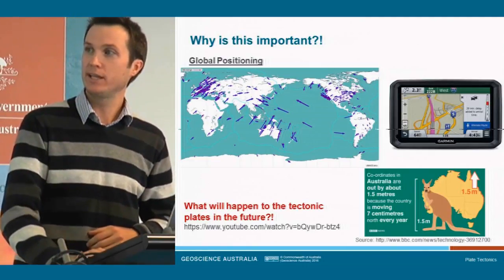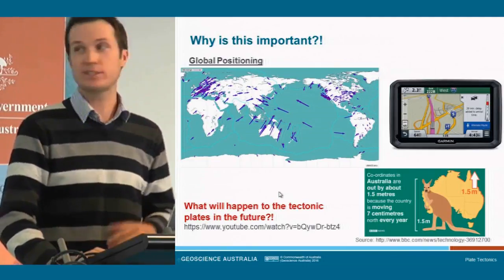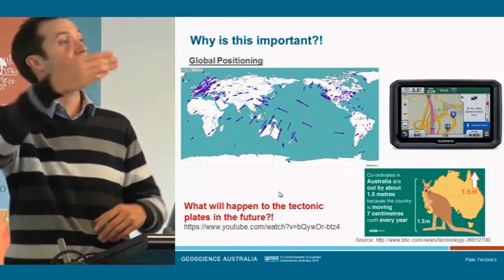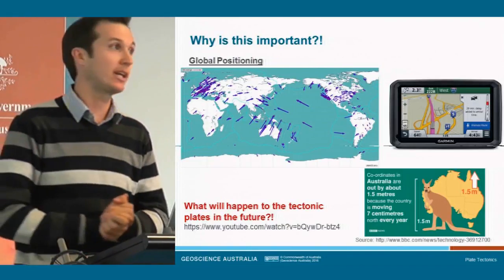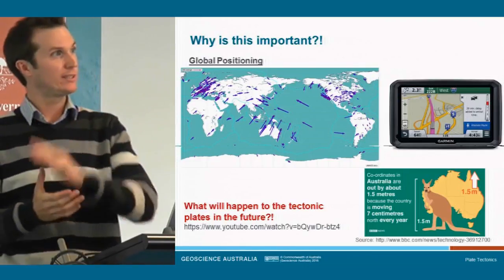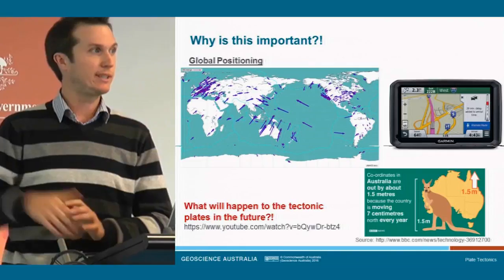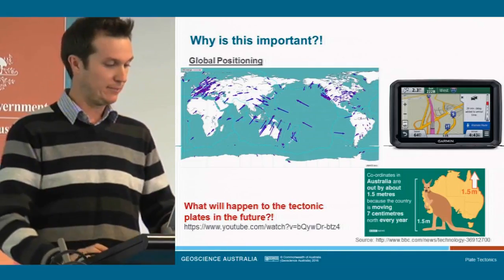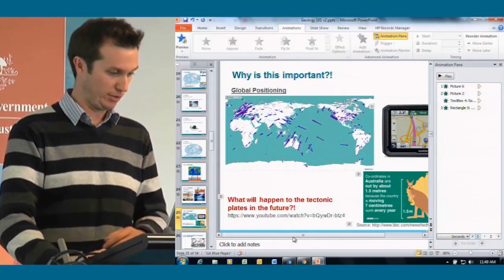I just want to leave you with one of the models, one of the reconstructions or projections that we think will happen to the Earth in the next few hundred million years. It's a similar form to the video before, and see if you can see what happens to Australia in this particular model here.